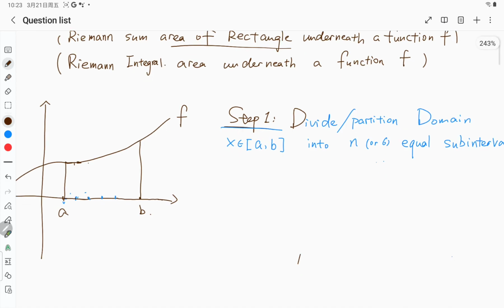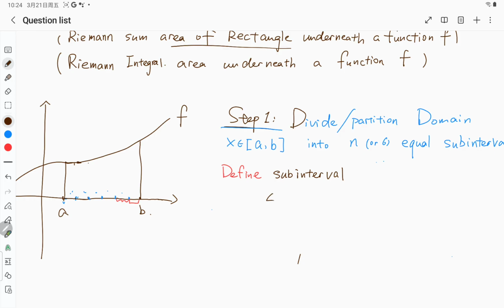All right. So then what is each subinterval? 1, 2, 3, 4, 5, 6. What is each of these smaller pieces? We call each of these smaller pieces delta x. And it's important that we define the subinterval delta x.